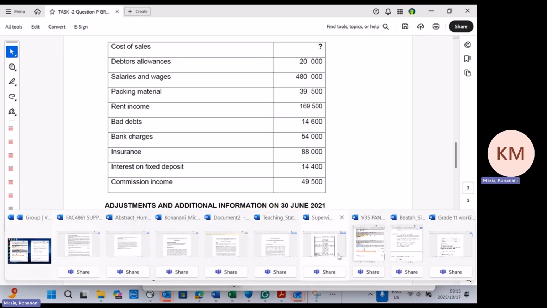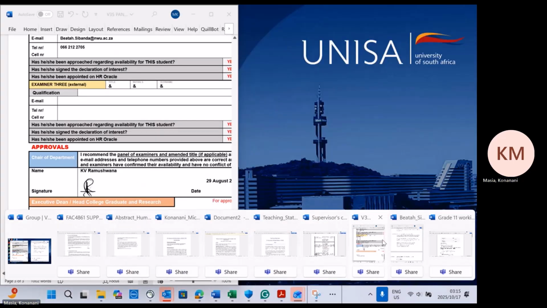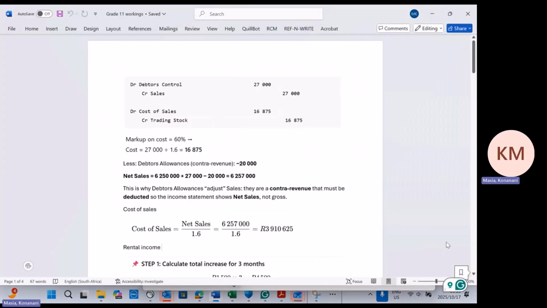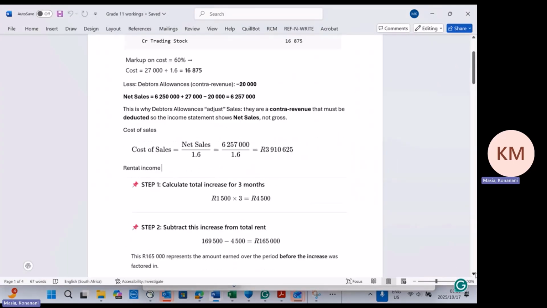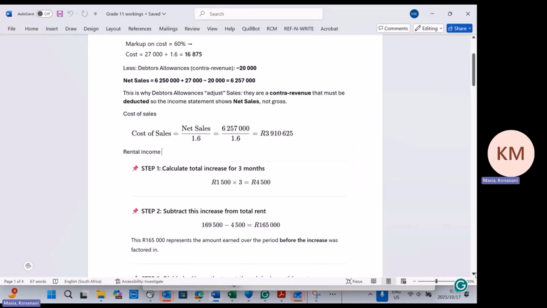So that you can now understand, you can see step 1: the increase for 3 months was 1.5 multiplied by 3, which is 4.5. Then you subtract the increase from the rental, which is now 169,500 minus 4.5, which is 165,000. This represents the amount earned over the period before the increase was factored in.